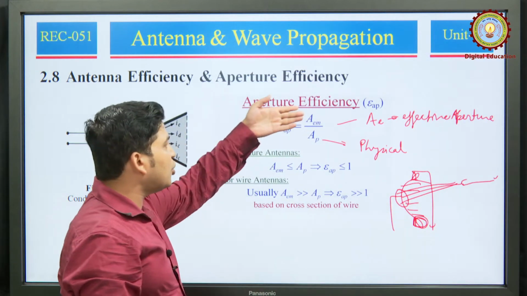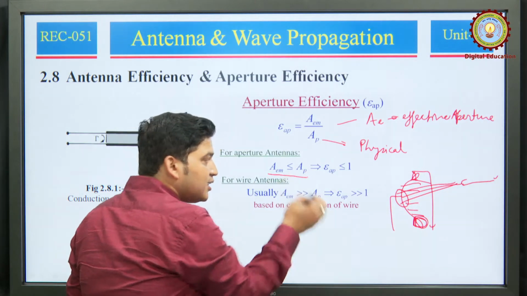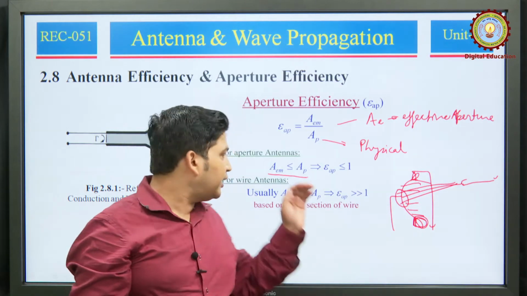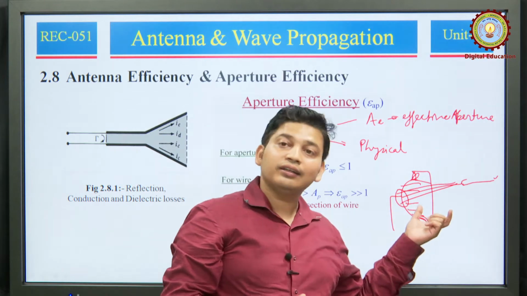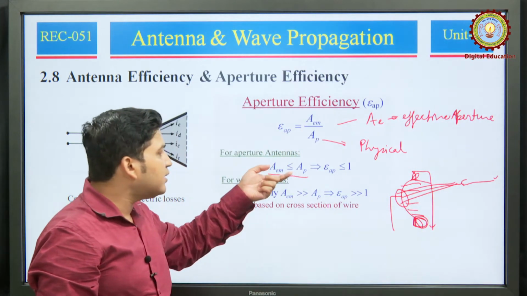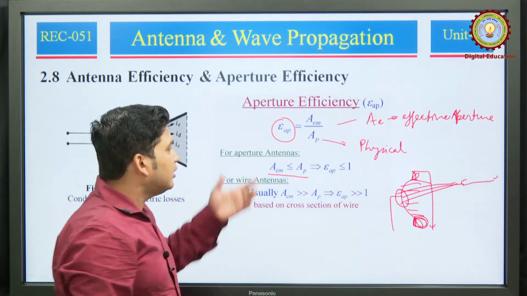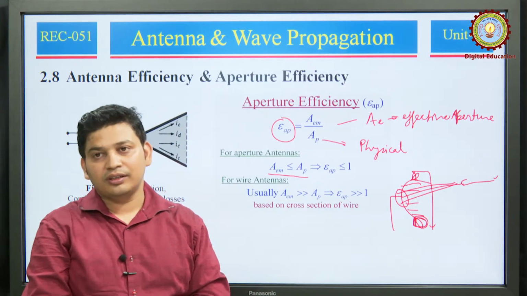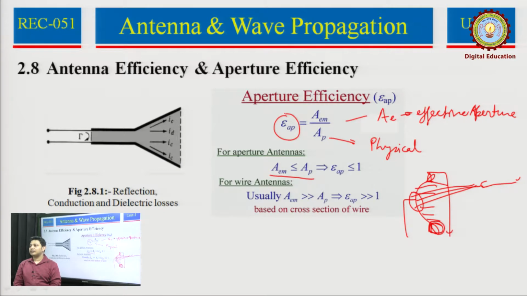So, this is the ratio of AE upon AP, and that is why AE is always less than AP. It may be possible that AE is equal to AP, but not greater than. It cannot be more than the physical. Since AE is less than AP, this quantity is always less than unity. So, aperture efficiency is always less than unity.